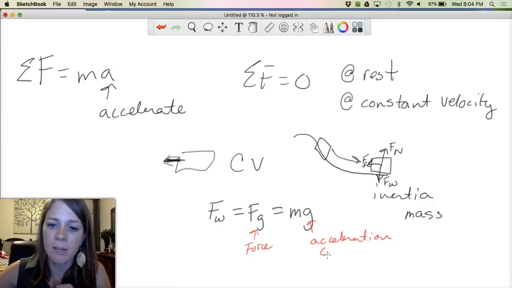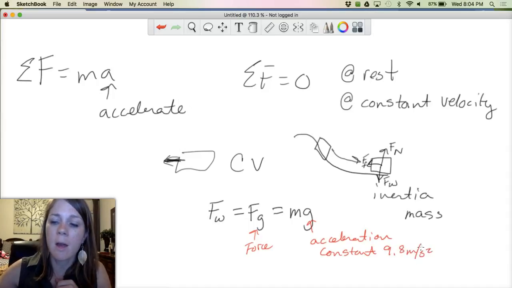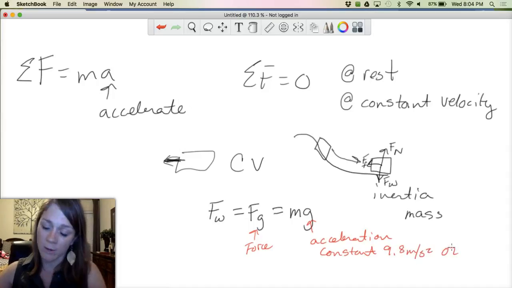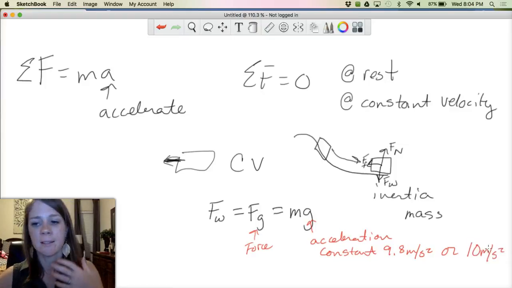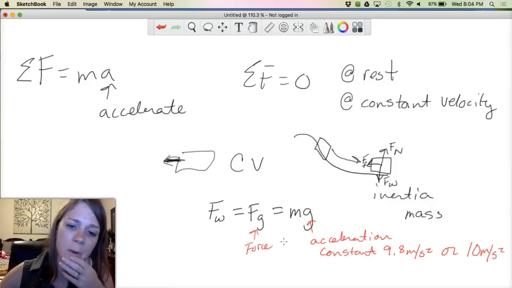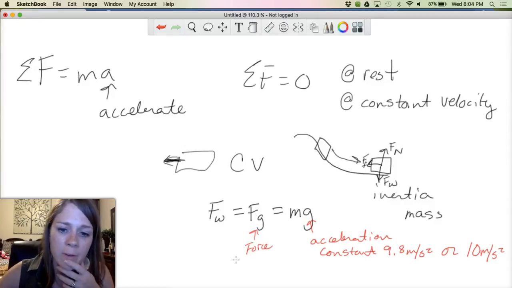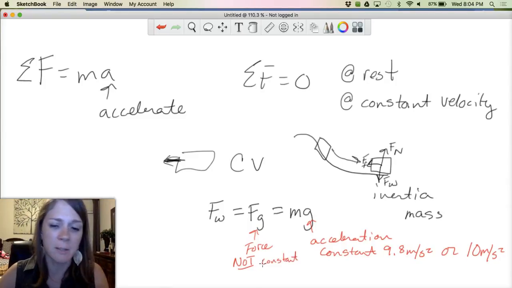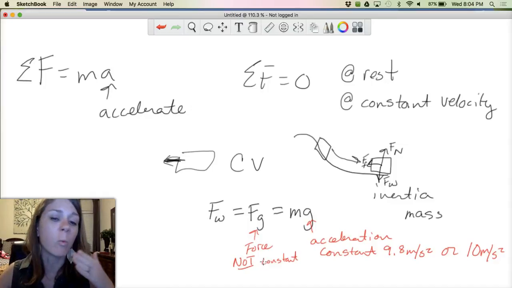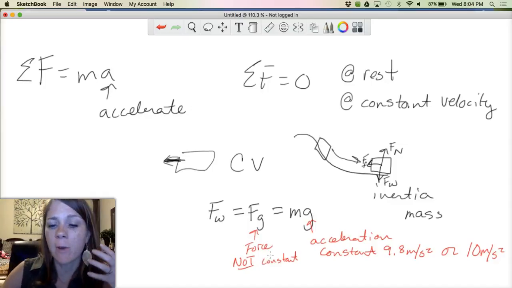This acceleration is constant, and it is 9.8 meters per second squared, or in our questions, we typically use 10 to give us nice, easy mental math to work with. This force of gravity over here is not constant for all objects on the Earth. This value changes for every object because every object is going to have a different weight. They have a different mass.